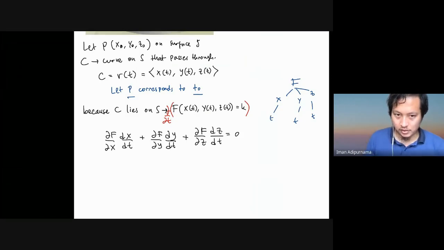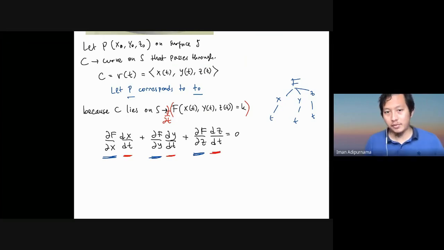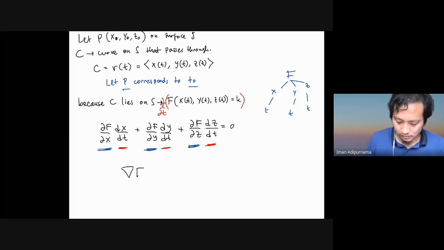Now, what we are looking at here, we can separate this partial derivatives part, which becomes our gradient vector, and this becomes our r prime, right? So we can write this as the dot product.